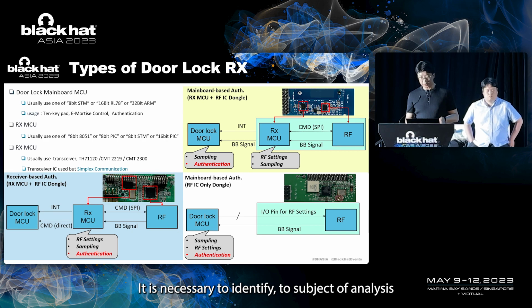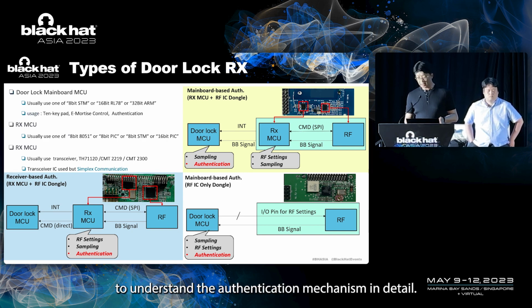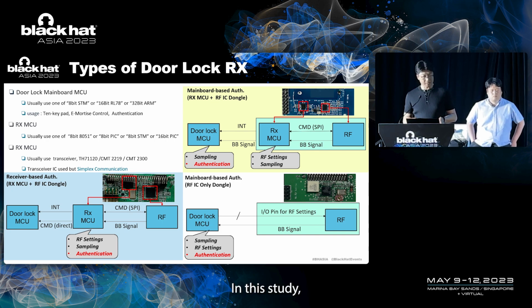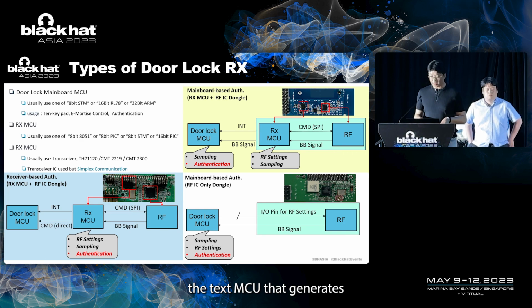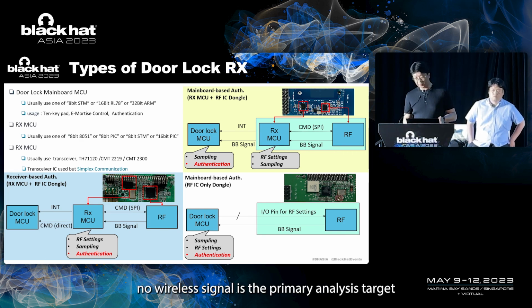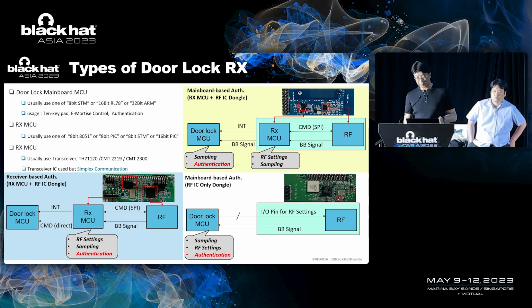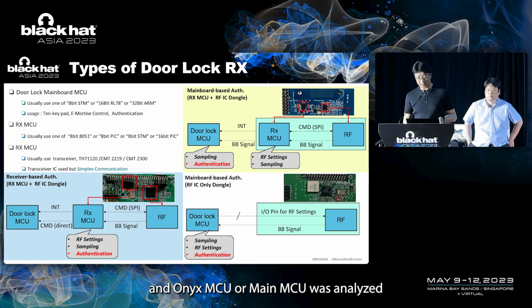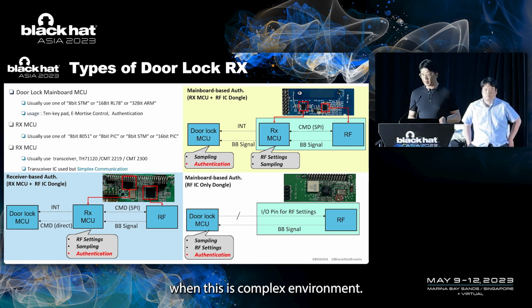It is necessary to identify the subject of analysis to understand the authentication mechanism in detail. In this study, the TX MCU that generates a wireless signal is the primary analysis target. The RX MCU or main MCU was analyzed when this is a complex environment.